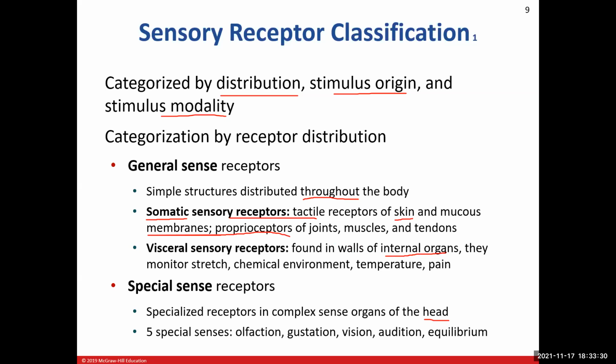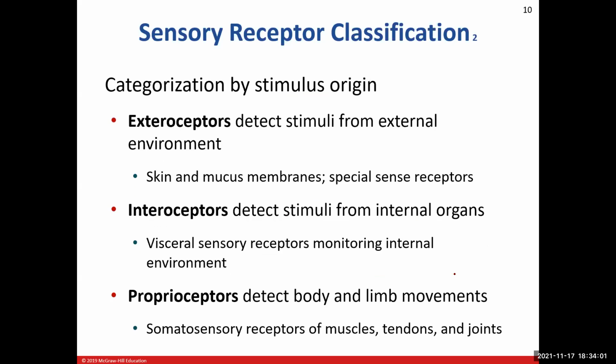Chemical environment, that's taste and smell. You start to eat something, and you're tasting that food. We're tasting the chemicals or the molecules of those chemicals through our special taste receptors there. Temperature and pain, those last two, obviously pain is very important in case there's damage going on to some tissues there. We need to transmit that information to our central nervous system for a response, hopefully to protect ourselves.